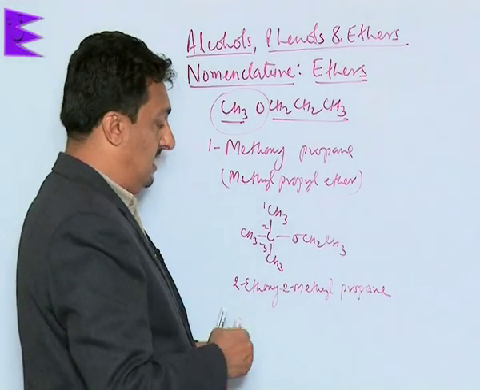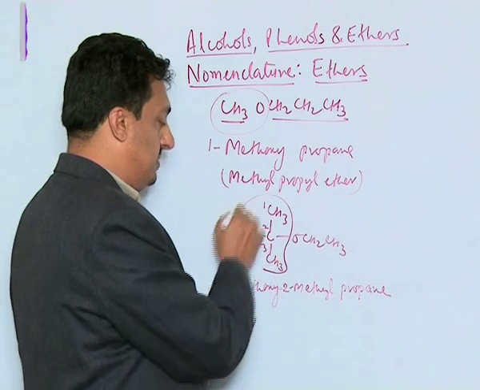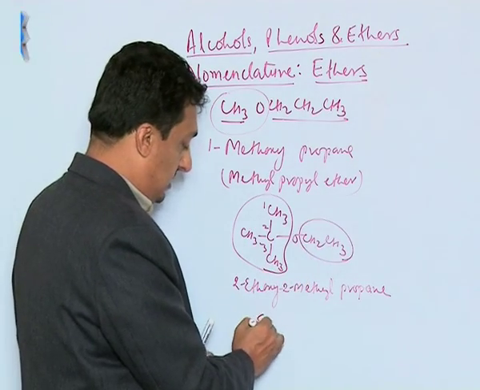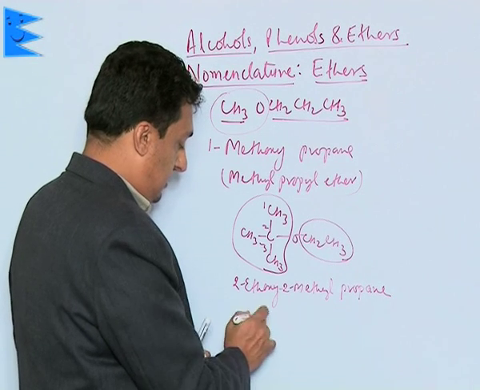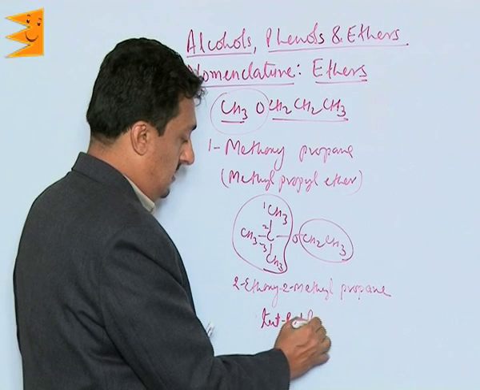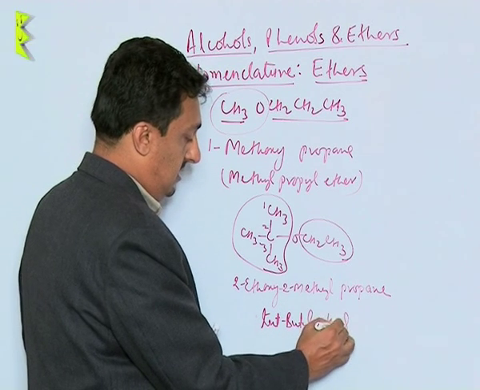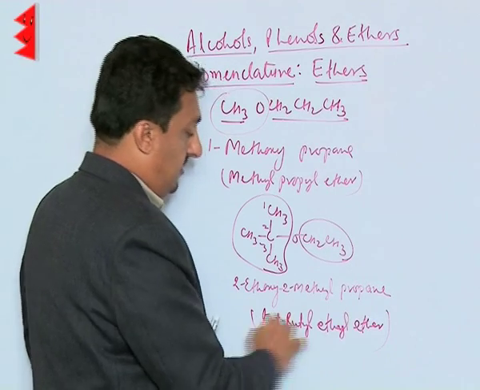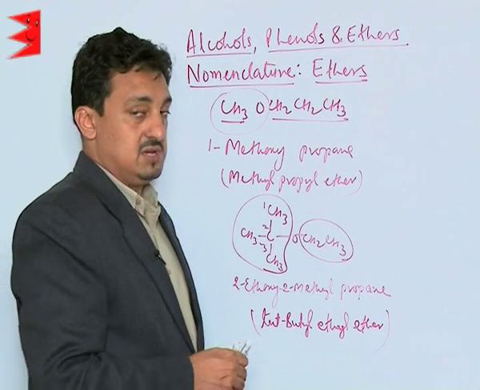Or in the common nomenclature, this whole group is called tert-butyl and this is called ethyl, so it is tert-butyl ethyl ether. So this is how we name the unsymmetrical ethers.